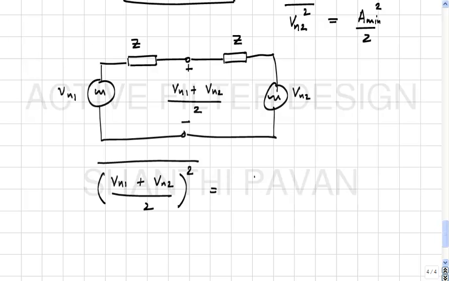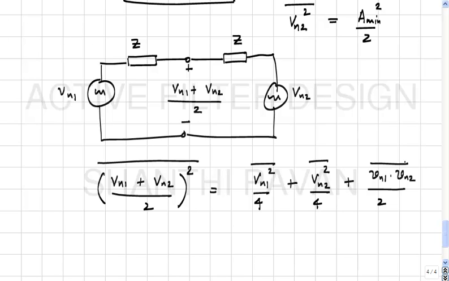And this must be Vn1 square plus Vn2 square by 4, I am sorry, plus 1/2 of Vn1 Vn2, the average value of that.